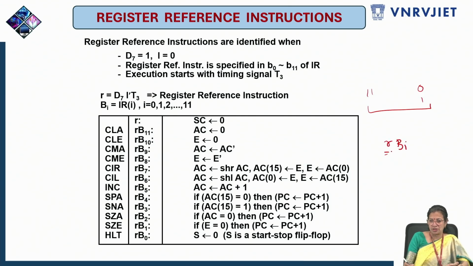R is the common control signal which we have seen just now for the execution of any register reference instruction. And each of the register reference instruction control signals is represented by Bi. If it is B0, the instruction is halt. If it is B1, it is skip if E is 0.